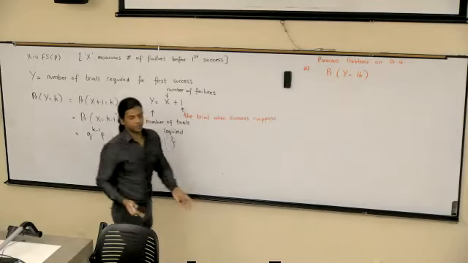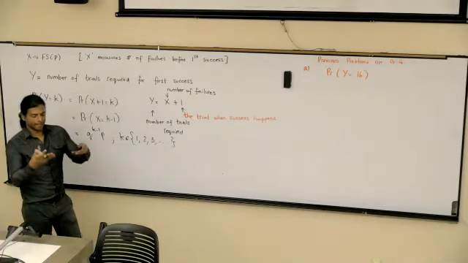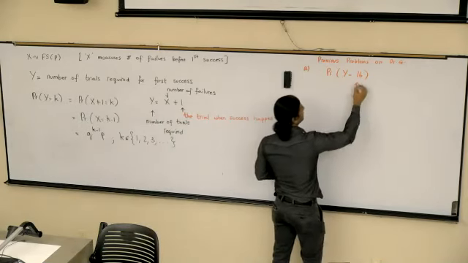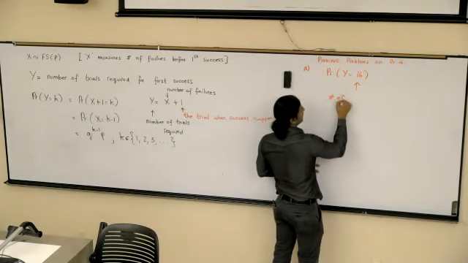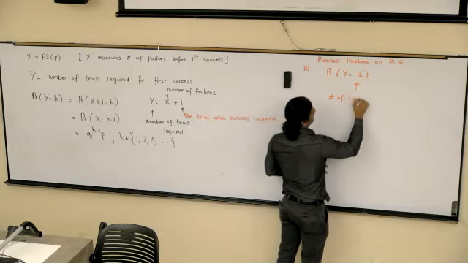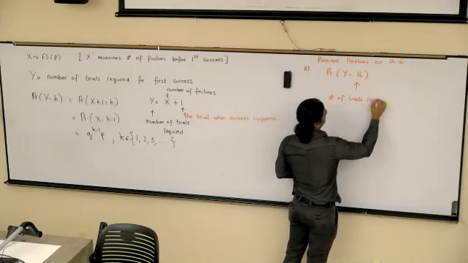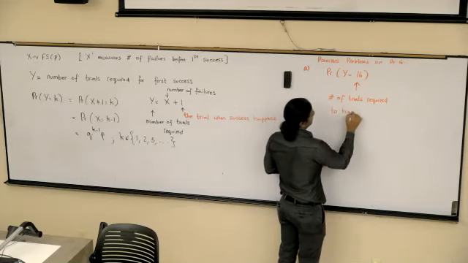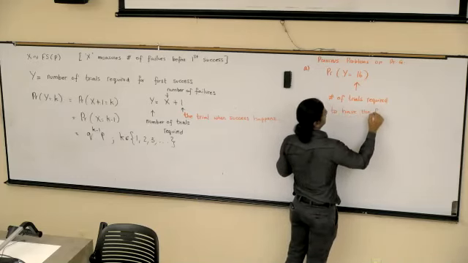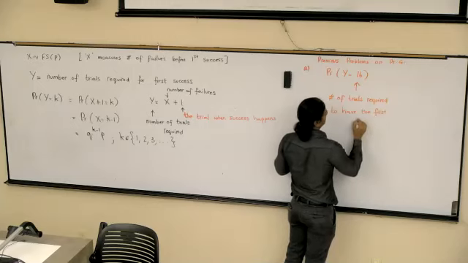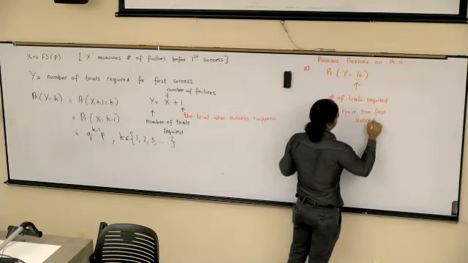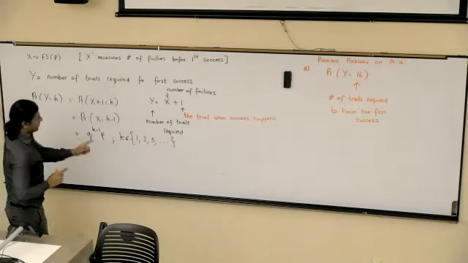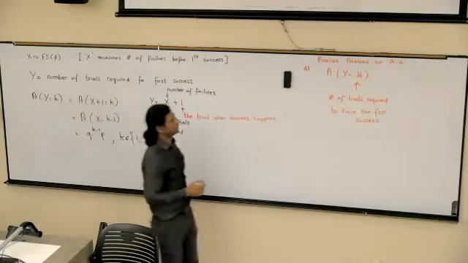So, in other words, what is the calculator doing? The calculator is trying to find the number of trials required to have the first success. Yes, but we know Y is X plus 1.